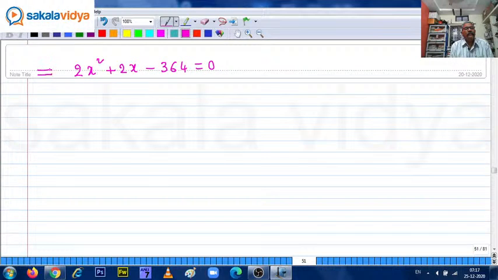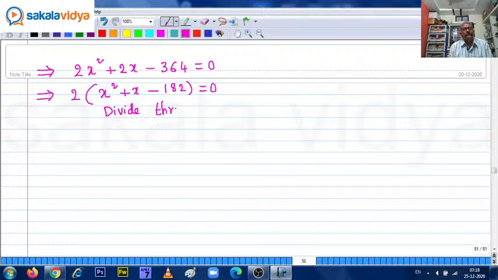Take 2 common, because 2 is the common factor of 364. Take out 2 common, you get x square plus x minus 182 equals 0. So divide by 2.